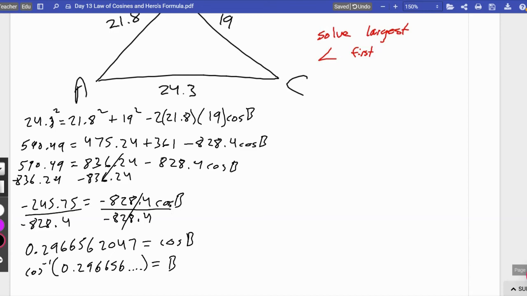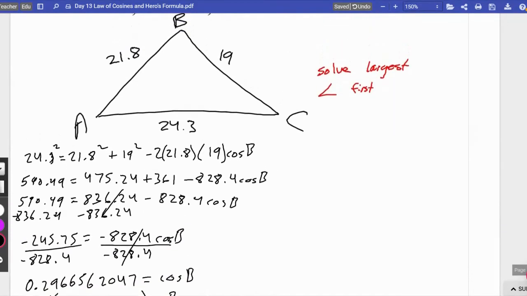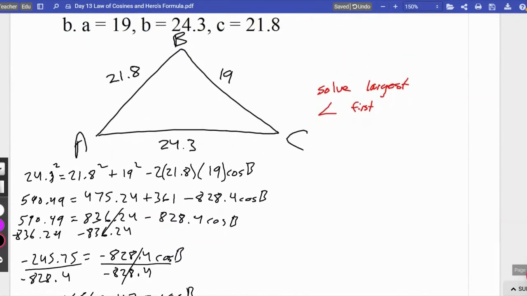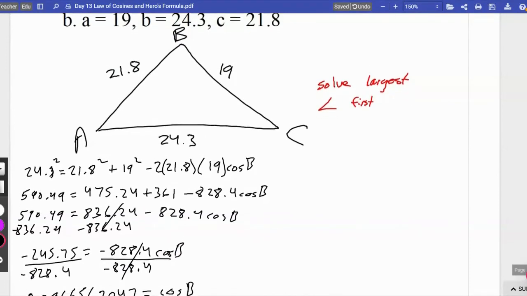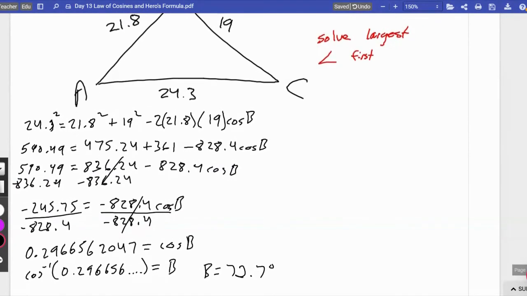And I get 72.7 degrees, I suppose. So we did a lot of the hard work. That's the hard part when you have three sides known, using law of cosines to find an angle, and specifically we find the biggest angle first when we have to solve a triangle.